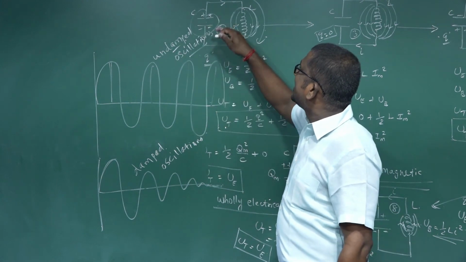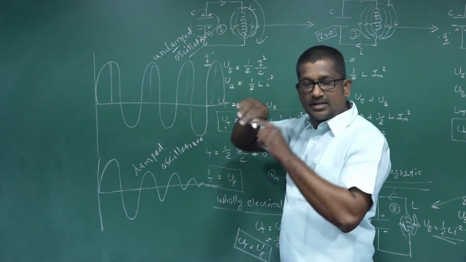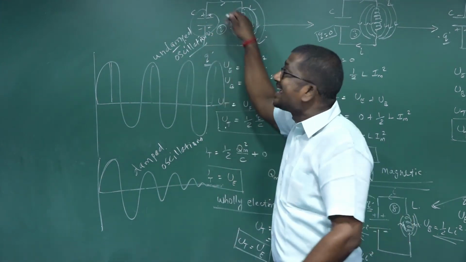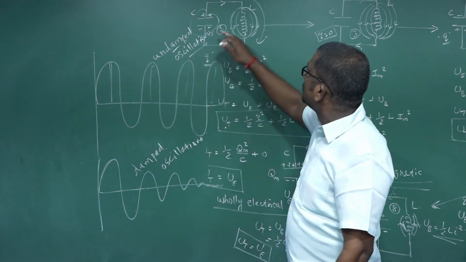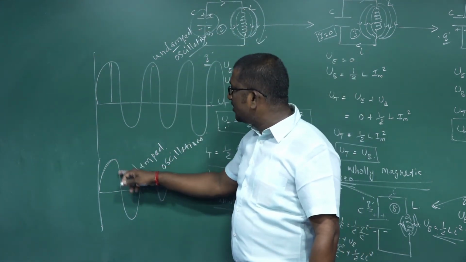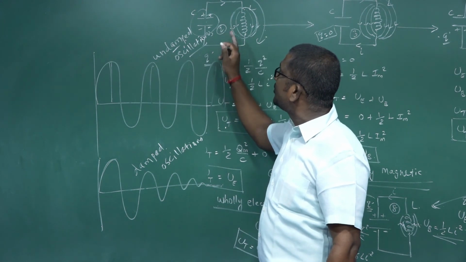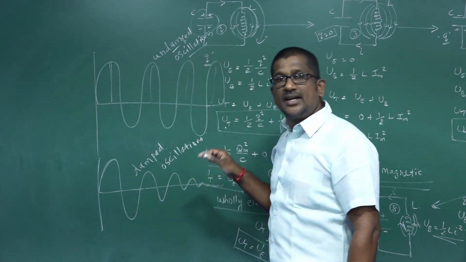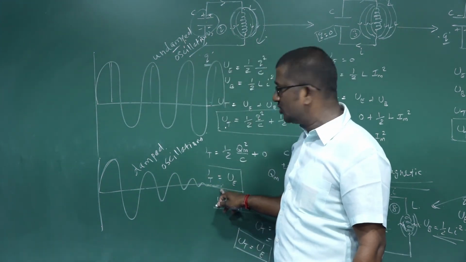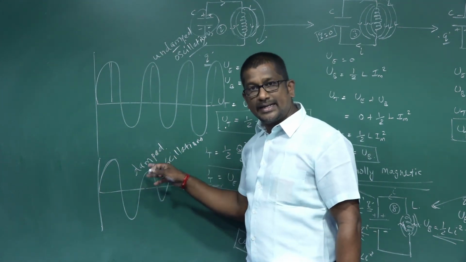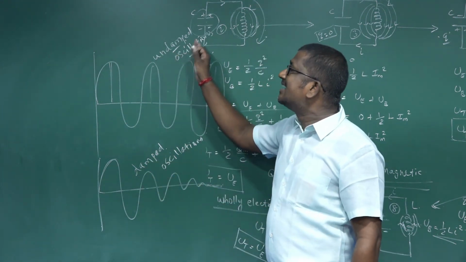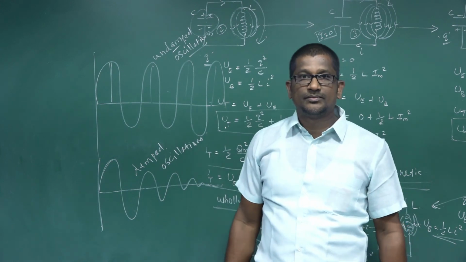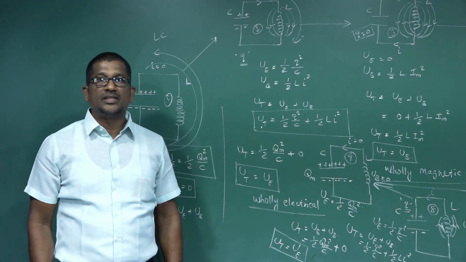So there is an energy loss in each cycle. Due to this, the amplitude of the oscillation produced in the LC circuit gradually decreases and it becomes zero. Such oscillation is called damped oscillation. But this is undamped oscillation. Thank you, students. We will see in the next class.